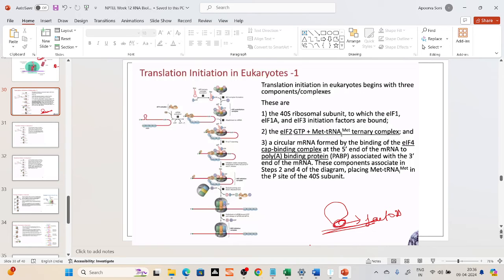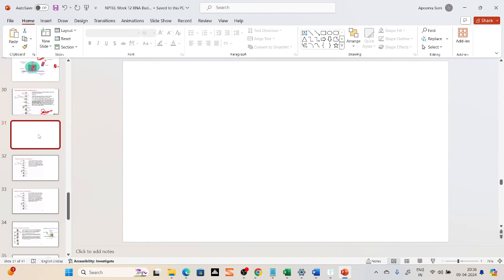mRNA now is circularized. This is the linear mRNA which is bound to the smaller subunit of the ribosome. Some initiation factors come and bind to it.